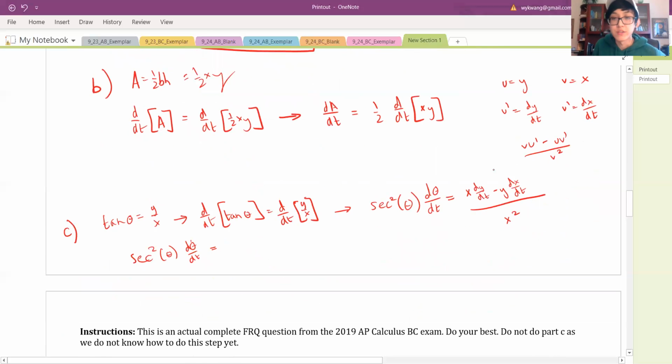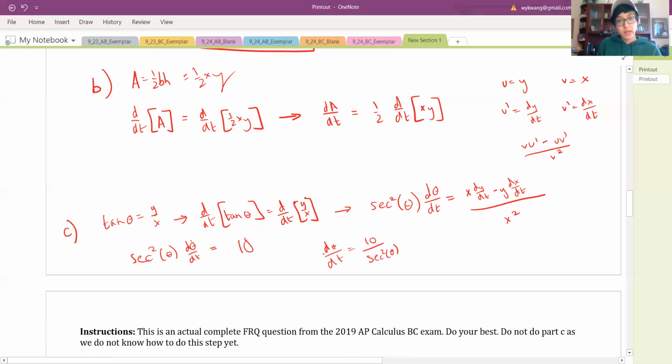We know all the values for this. I'm not going to solve for this, but let's just say this is some arbitrary value, so that's this side of the equation. Cool, so I solve for that. Let's say the number is just 10. Okay, so d theta over dt is equal to 10 over secant squared theta.